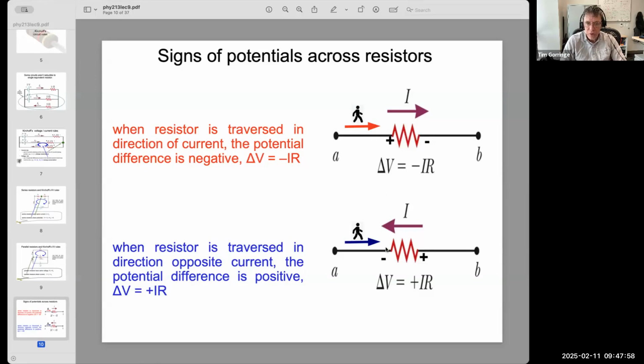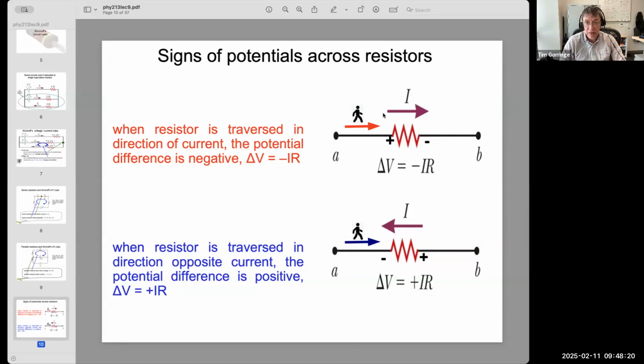These are two cartoons, upstairs and downstairs, of me walking around a circuit. Here I am through a resistor. The picture upstairs is me walking through a circuit from left to right through a resistor. And in the lower picture, I'm also walking through a circuit through a resistor from left to right.